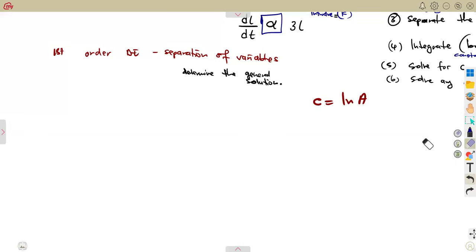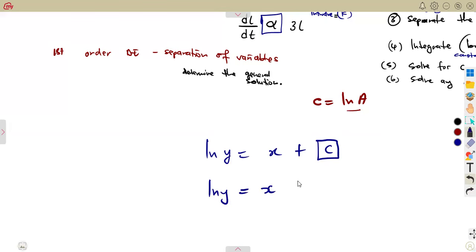But if it is on y, like what we had, maybe it is the ln of y is equal to x plus c. This c here, you take it and replace with the ln of a. That's what I'm trying to explain here. The ln of y is equal to x plus the ln of a. Take note. So you have to introduce it as a constant, like c is equal to.